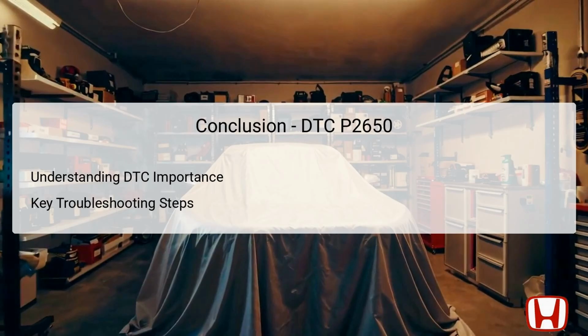Also, preventive maintenance measures can help avoid such errors from recurring in the future, ensuring the vehicle remains in optimal condition. By following the steps outlined in this guide, technicians can efficiently identify and rectify issues related to the rocker arm oil control solenoid, ultimately enhancing the performance of the vehicle.